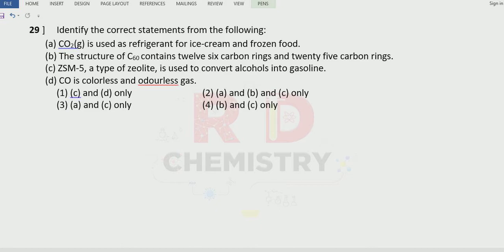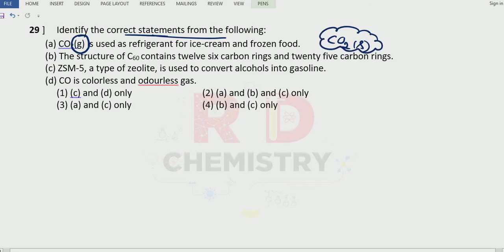Question number 29. The correct statements from the following. Carbon dioxide gas is used as a refrigerant for ice cream and frozen food. We actually make use of solid carbon dioxide for lower temperature to cool the substances. So the statement is wrong. Structure of C60, that is a fullerene.